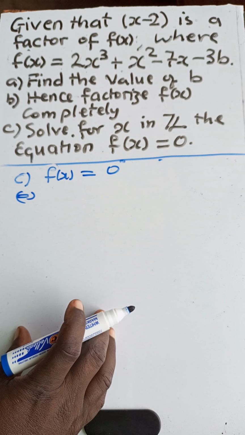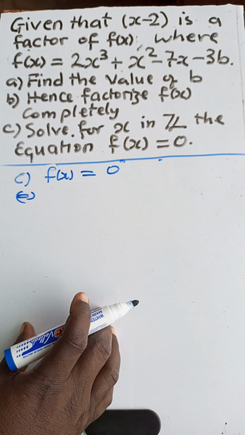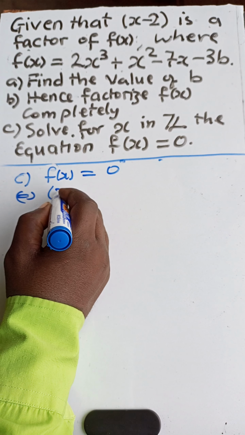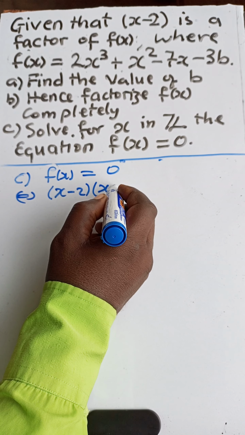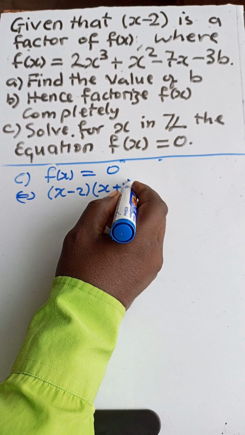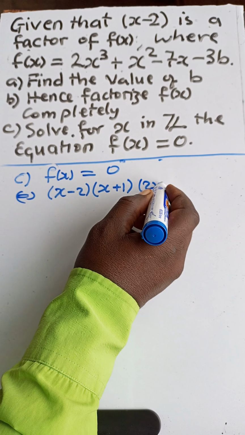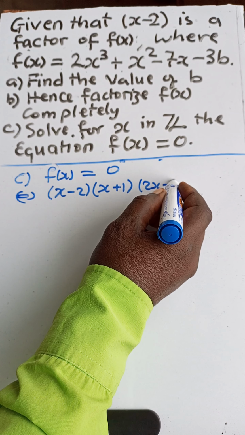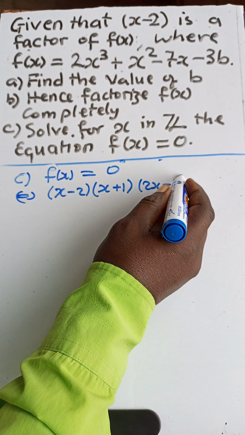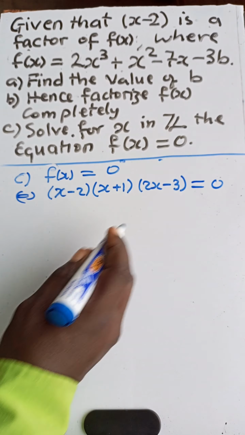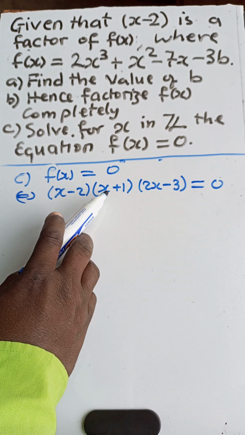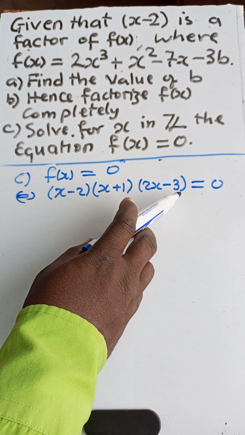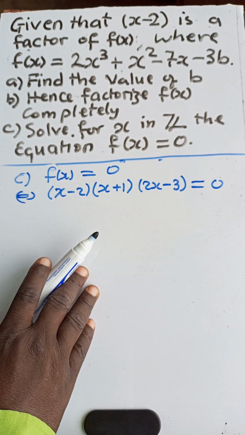Remember earlier on we factorized f of x completely as x minus 2 into x plus 1 into 2x plus 3. So we write that as x minus 2, x plus 1, 2x plus 3 equals 0.